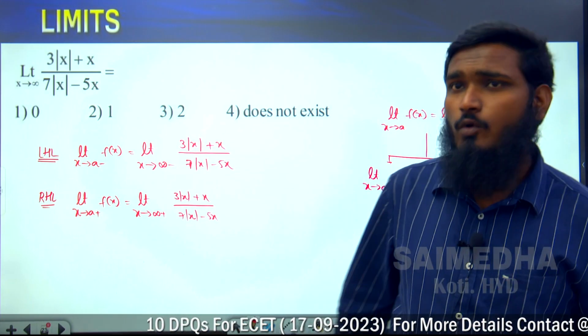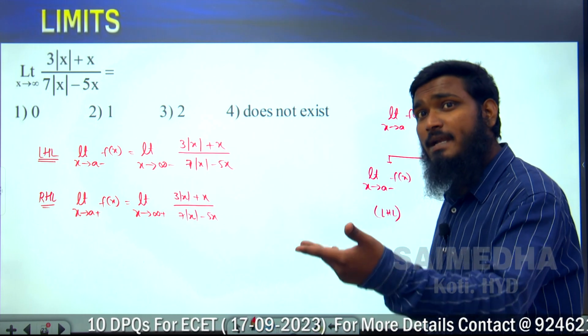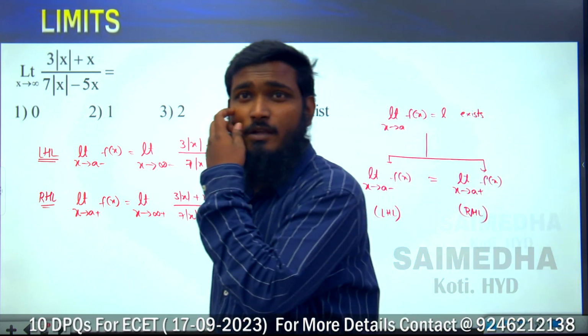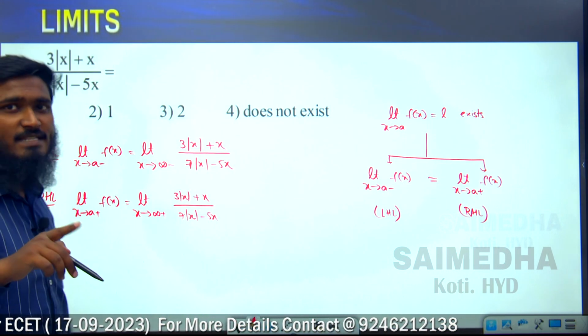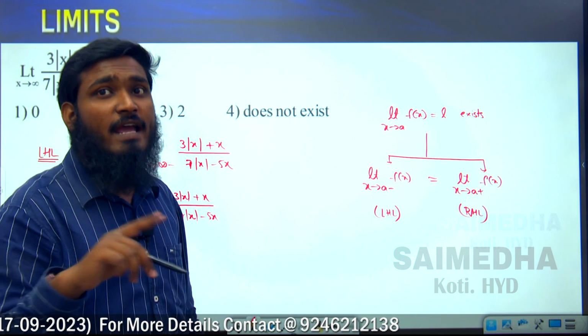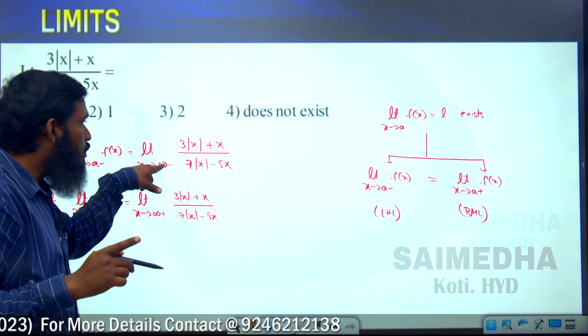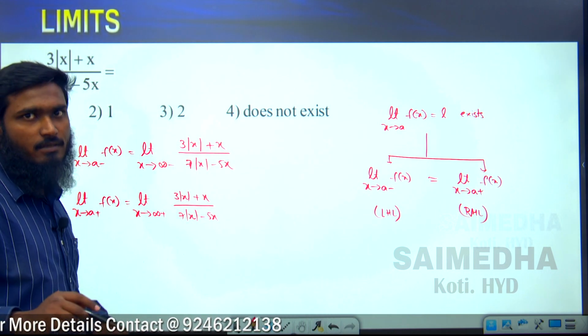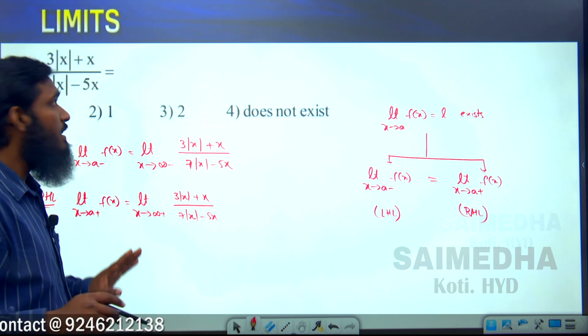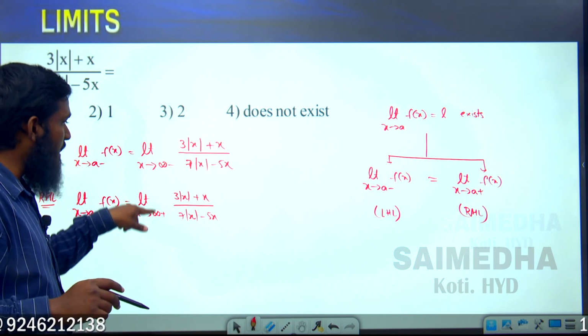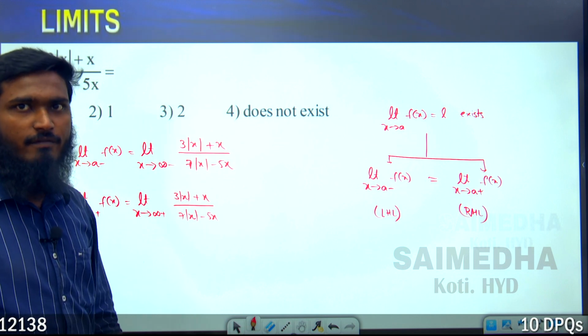Now listen carefully, what is the meaning of infinity minus and infinity plus? Suppose x tends to 2, then we take 2 minus and 2 plus. If x tends to 5, then 5 minus and 5 plus. If x tends to 7, then 7 minus and 7 plus. Like that we have to take.